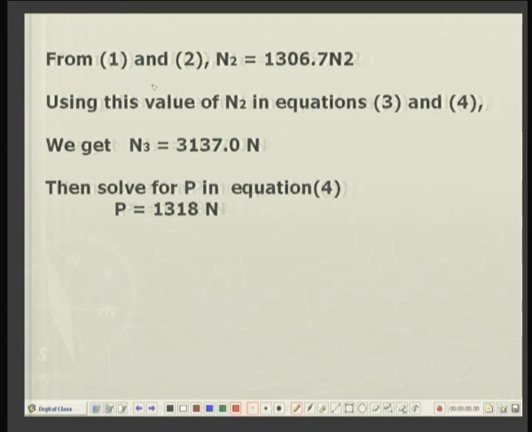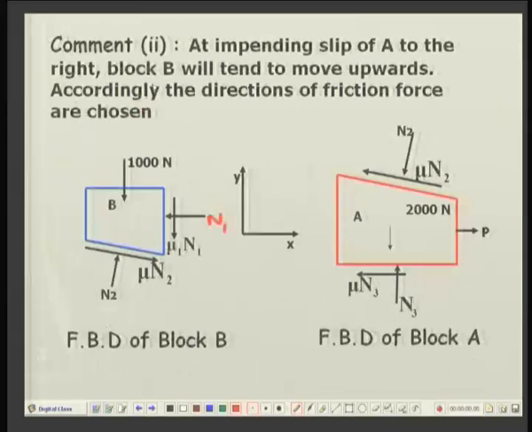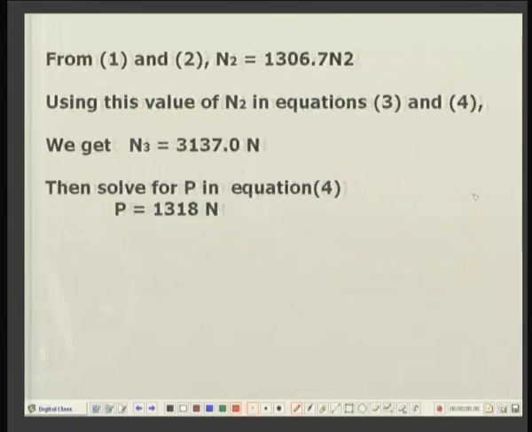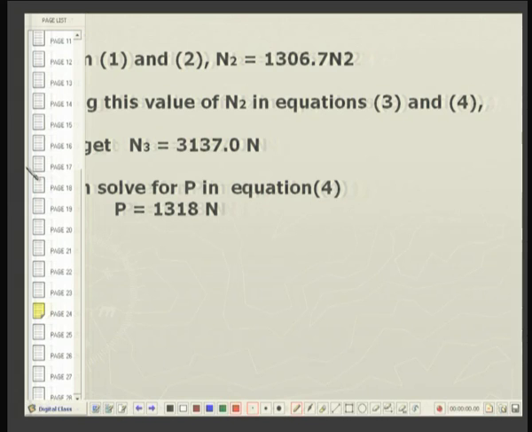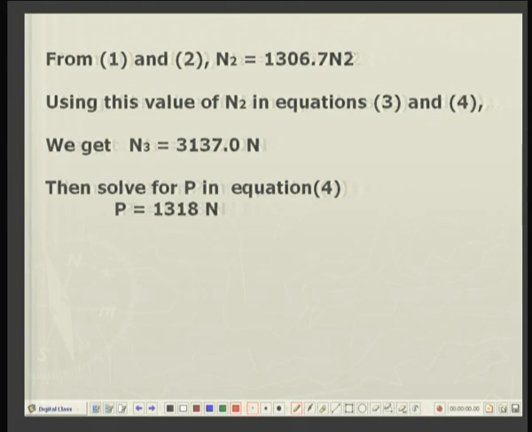The normal reaction N3 from the floor is also obtained, that is 3137 newtons. Okay, and N2 is no longer required.